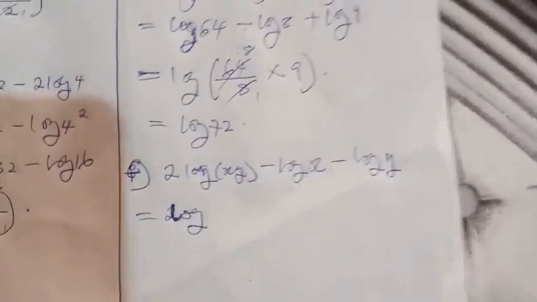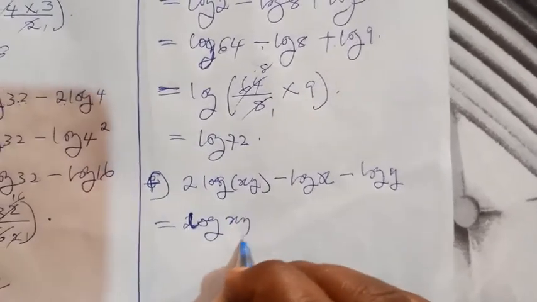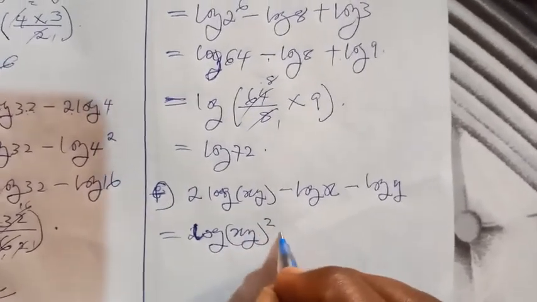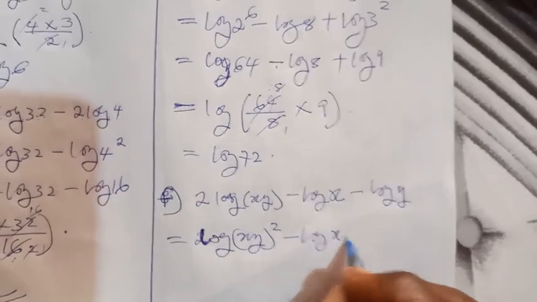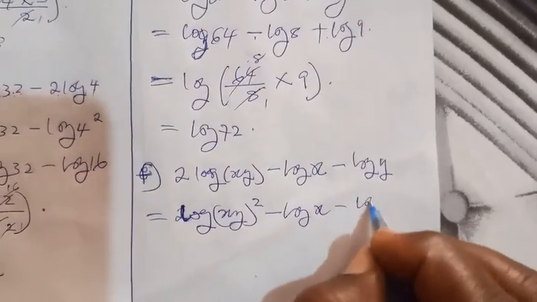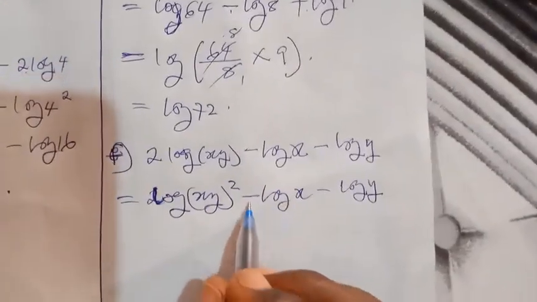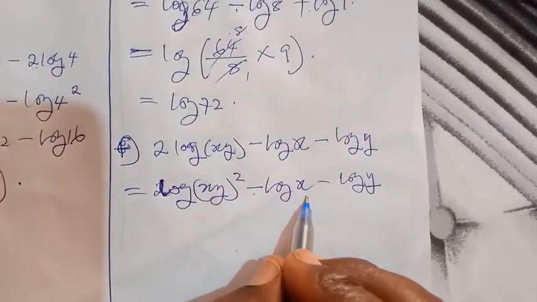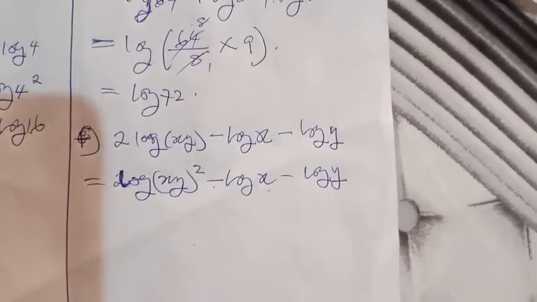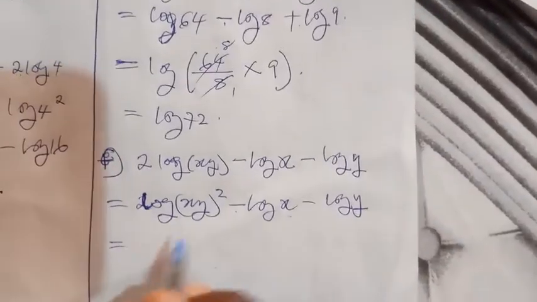This is going to be log xy squared minus log x minus log y. Okay, now if you notice, this is going to be division. Let me take this one first in order not to get confused.